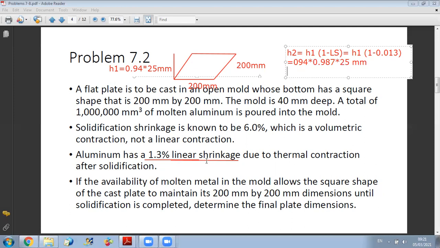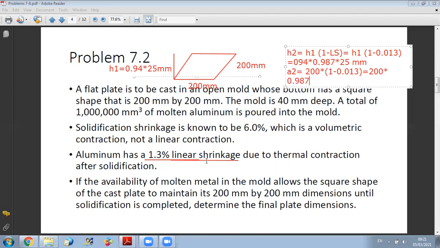For the base dimensions, since it's a square, each side, the new value of the side after phase 2, is equal to 200 times 1 minus the linear shrinkage, so times 1 minus 0.013, so it's equal to 200 times 0.987.